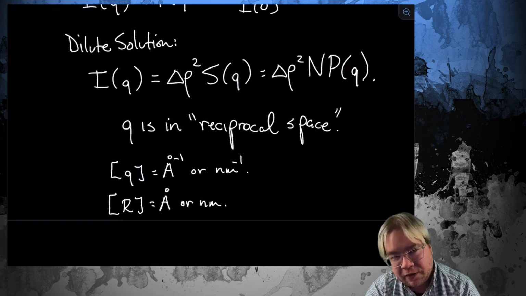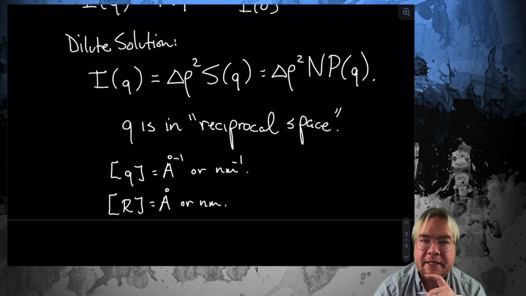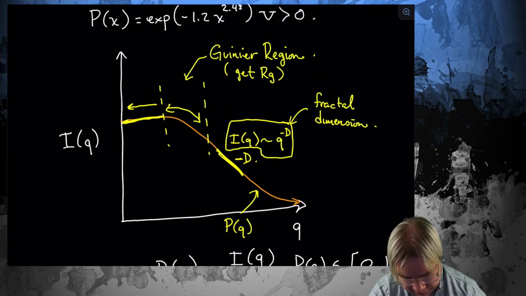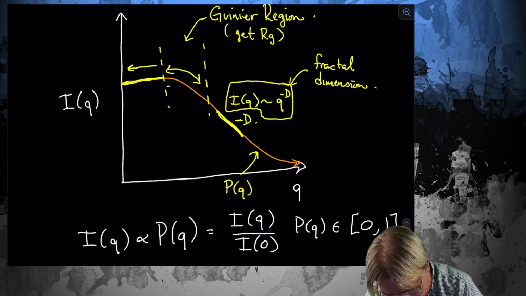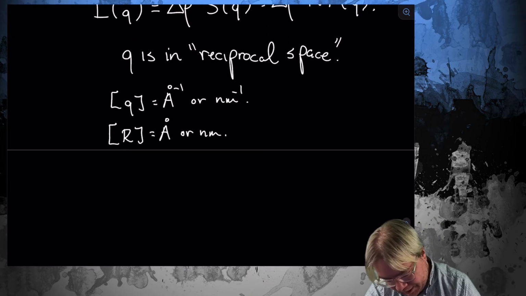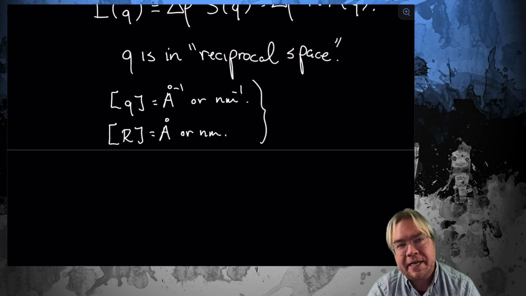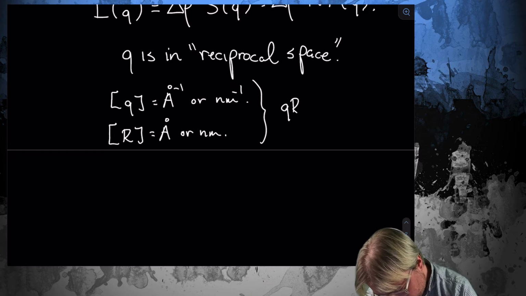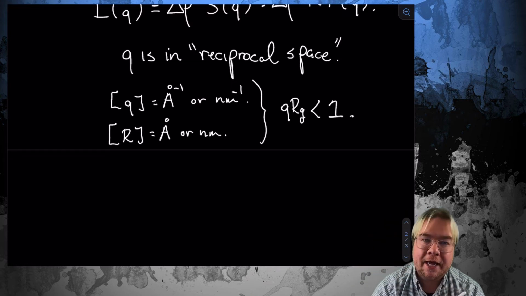So let's just look at the Guinier region first. So the Guinier region is right in here where I can see the size of my polymer chain. So in this case, when we did the expansion, we said that the Guinier region was given for Q times the radius of gyration less than 1, and that allowed us to do the Taylor series expansion.